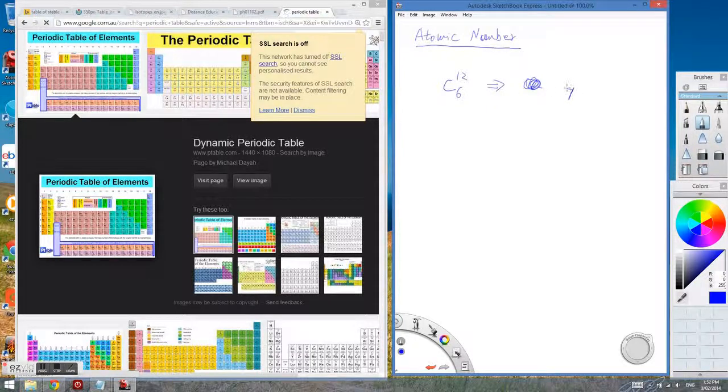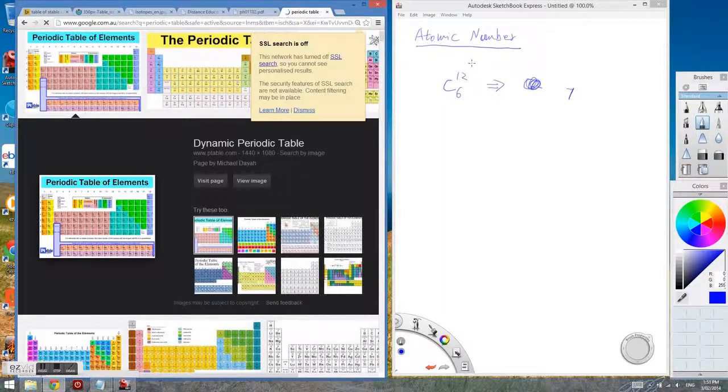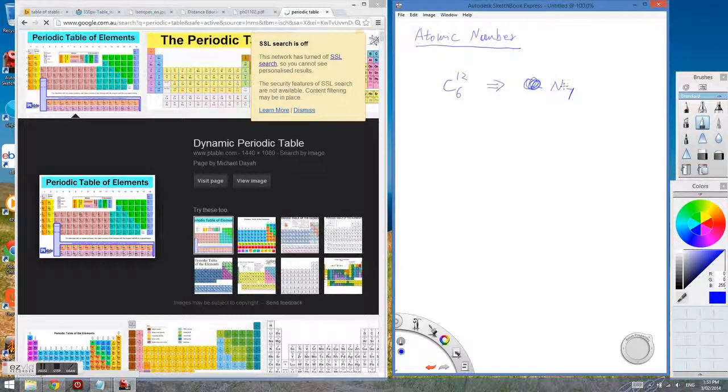We all know atomic number means the number of protons. If I somehow add a proton to carbon, the atomic number of the element will be 7. Once the atomic number changes, once the number of protons changes, this element won't be carbon anymore. Going through the table, the carbon will be nitrogen, even though the mass number will be 13.